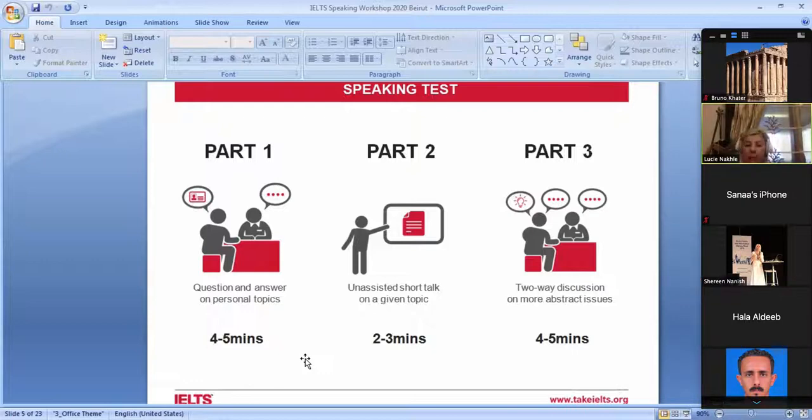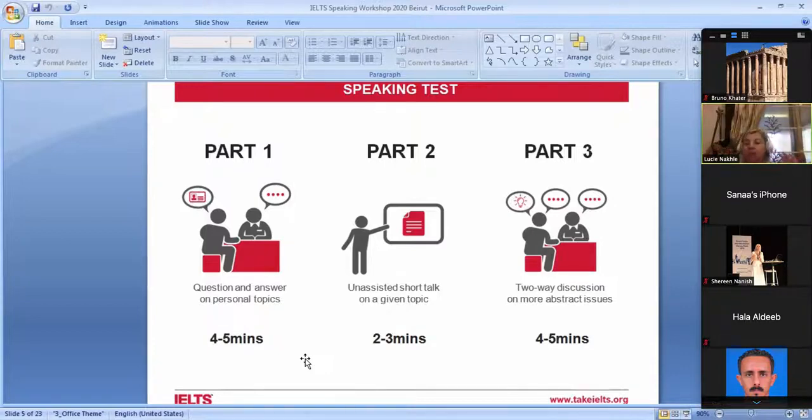Okay? Now, I have a question actually. Go on. About the tense. So can I choose if I want to talk about something that happened or something that I'm planning? The tense is given. So the topic is written in a way you would be able to figure out whether you are talking about something that happened in the past or something in the future.